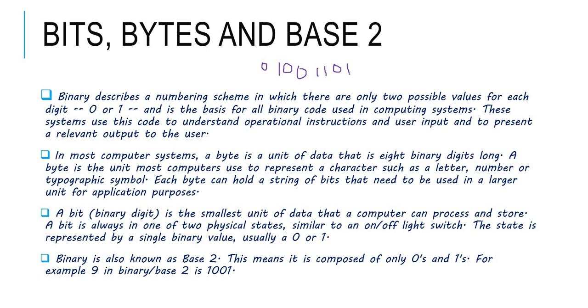Each 0 or 1 in a binary number is called a binary digit. In computing, the term binary digit has been shortened to bit. So a bit actually means 0 or 1.